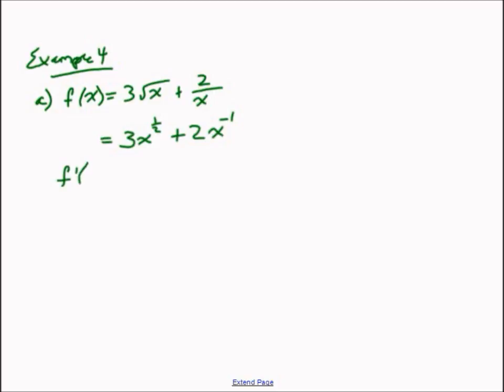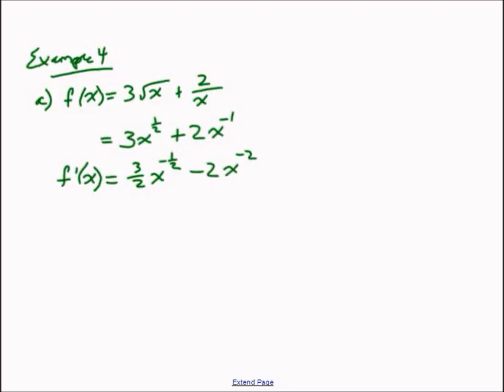All right, so the derivative function then. 1/2 multiplied by the 3 is 3/2. There's my variable. Decrease my exponent by 1, so that will be -1/2. Whoops, it's not going to be a plus, is it? Multiply the 2 by the -1. That'll be a -2. There's my variable.